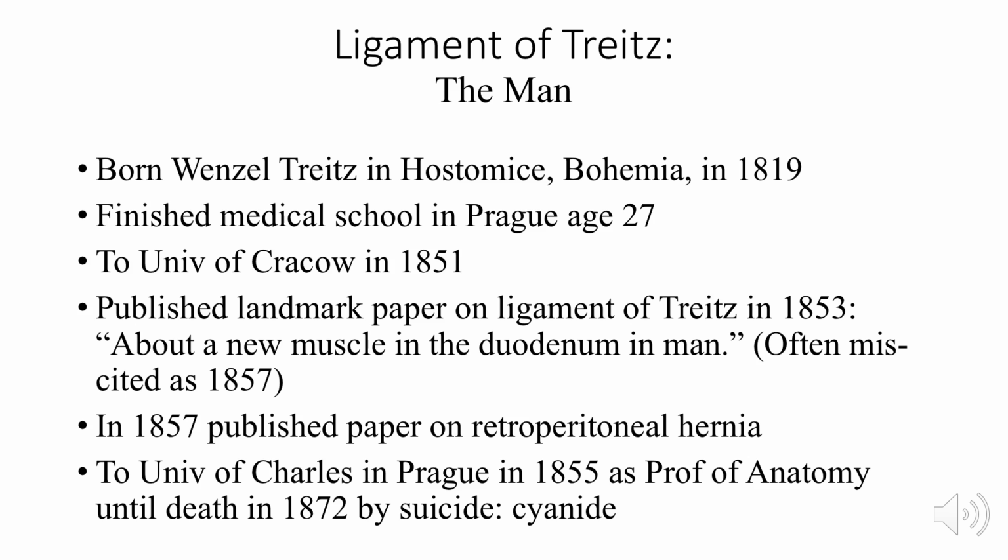After Treitz finished medical school in Prague, he went to the University of Krakow, briefly published his paper on the ligament, and then a few years later published the paper on the retroperitoneal hernia.